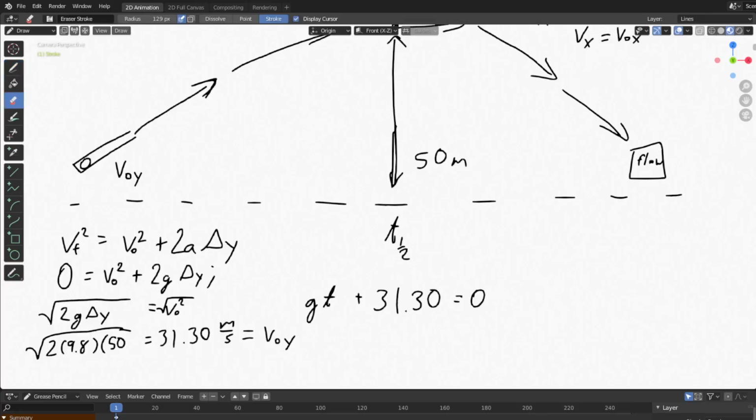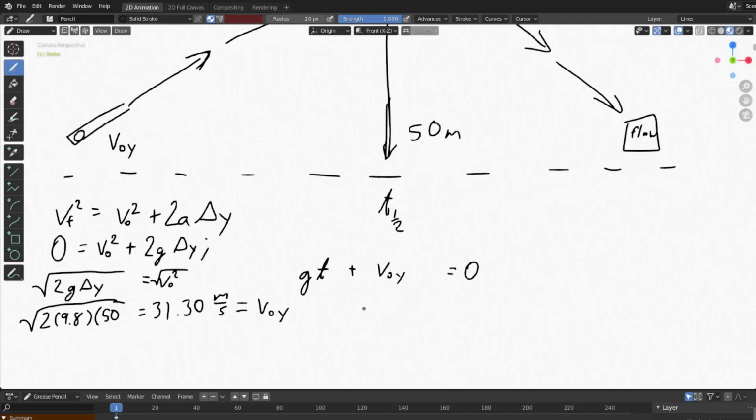Let's just say, instead of writing out this big number, we're just going to say v naught y. We're going to just say that negative v naught y divided by negative g, because we don't need a square root, is just equal to t.